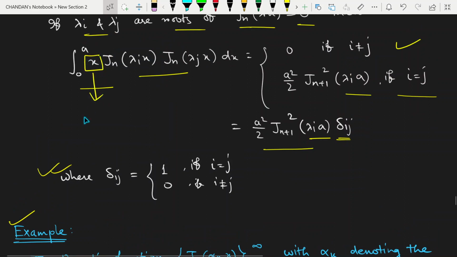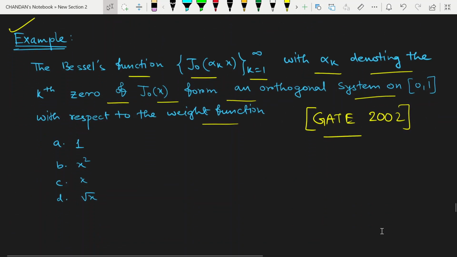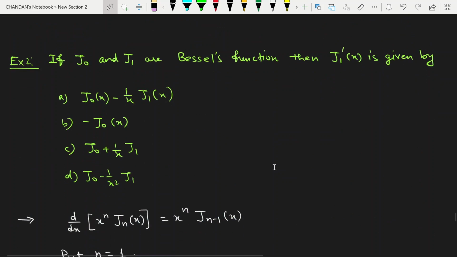This x is called here the weight function of the Bessel function. It is a very simple question. So the weight function is here x, option C. We don't need anything numerical or any other calculation in this problem.